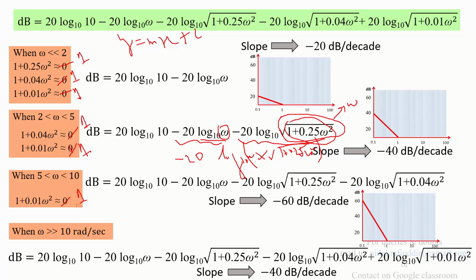I told you that this particular term has the effect of omega. So this is similar to multiplying omega by omega, which gets omega square. And minus 20 log omega square will have the effect of minus 40 log omega. As I told you, you are going to make this log omega for plotting on semi-log paper, and not log omega square, because the x-axis is log of omega and not log omega square.